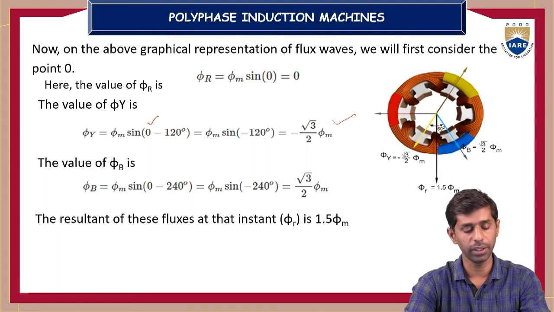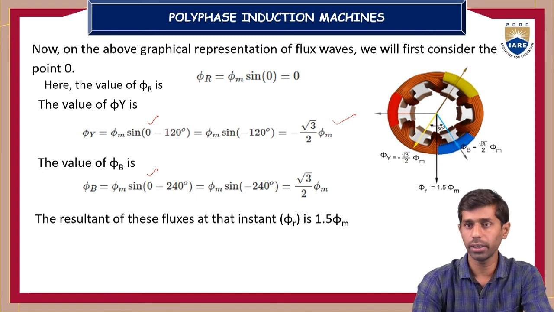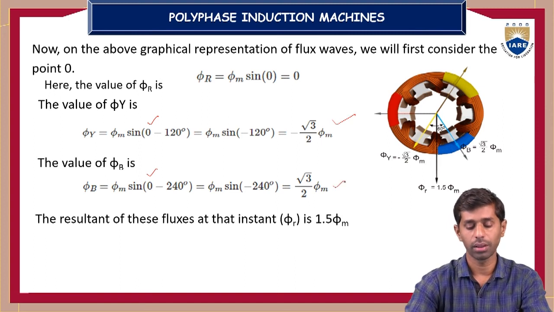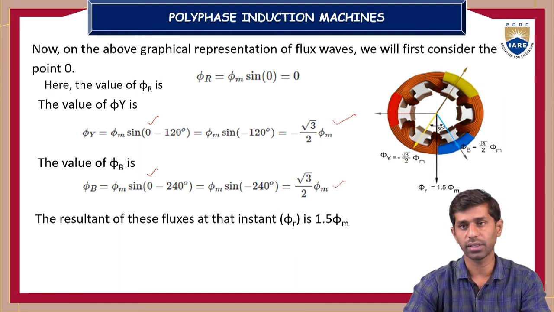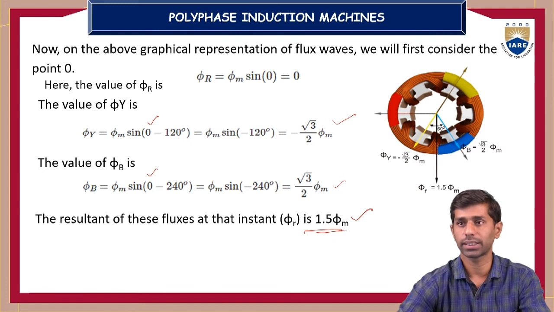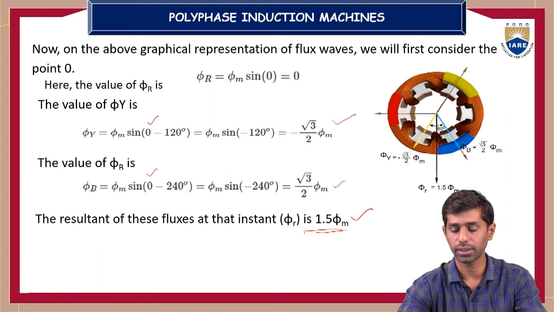The value of phi b flux is equal to phi m sine of omega t minus 240 degrees, so it is root 3 by 2 phi maximum. The resultant of these fluxes at instant 0 is 1.5 times the maximum flux. You can see the picture representation here.